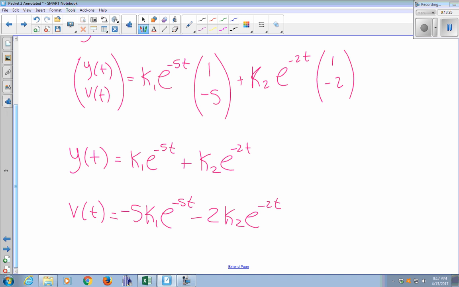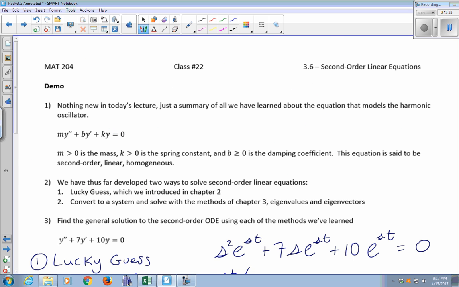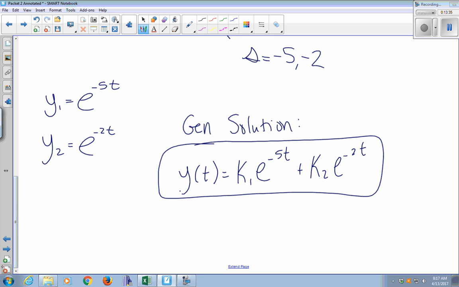If I was using my original method, the lucky guess method, as soon as I had y, if I happened to also need v, I could just take its derivative because velocity is just the derivative of position. Negative 5 k1 e to the negative 5t minus 2 k2 e to the negative 2t.